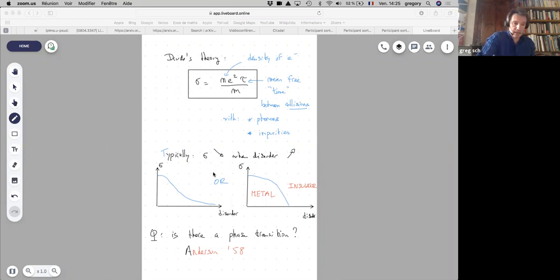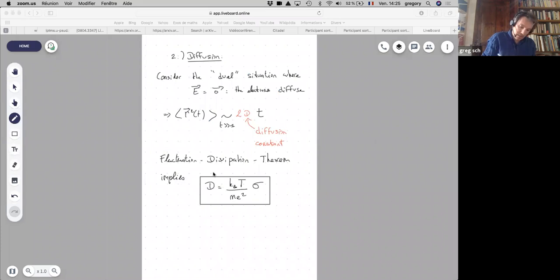Well, this relation essentially tells you that if you have an insulator, you have sigma equal to 0, and that means D equal to 0. So that means that you have no diffusion. In other words, in this case, one talks about localized states. So if you look at particles and the way they move around, because D is equal to 0, that says that particles are localized.